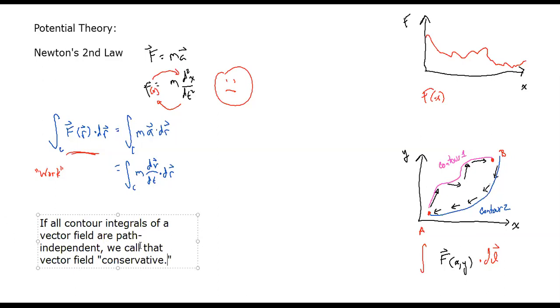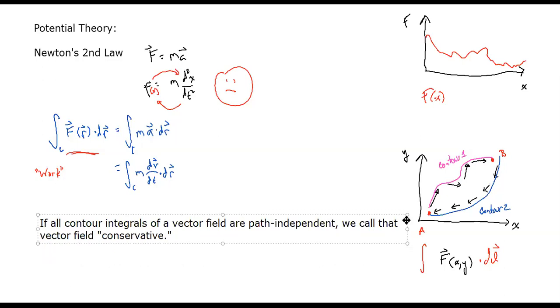Of course, the conservative comes from the fact that it's conserving your energy, right? So every single joule that you put in, you can get back out later. Whereas friction is non-conservative in the sense that you put energy into friction, you cannot get it back later.